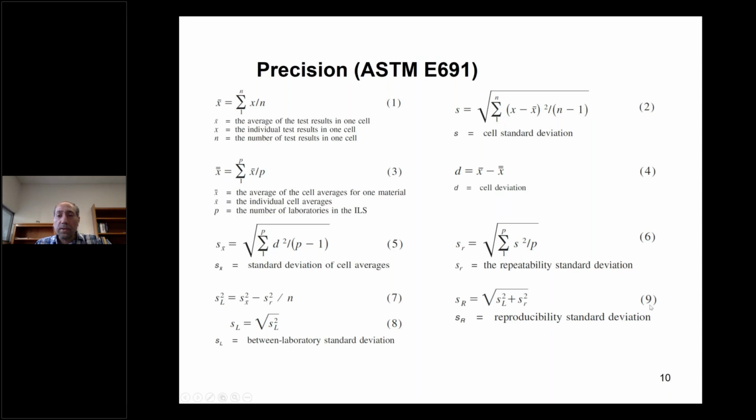And using equation 9, we can calculate S sub capital R, which is a reproducibility standard deviation. And finally, using equations 12 and 13, we can calculate the 95% repeatability and reproducibility limits, which are shown with small r and capital R.